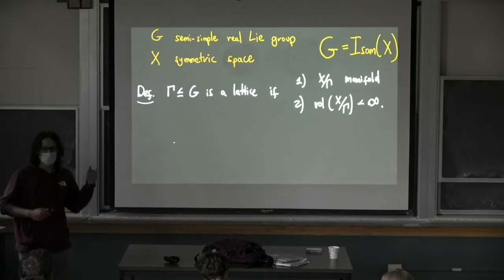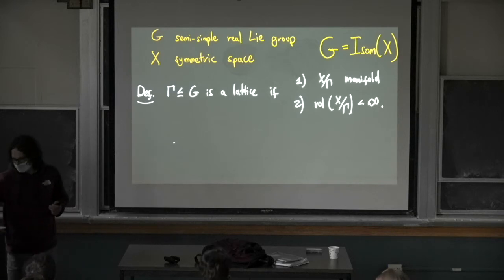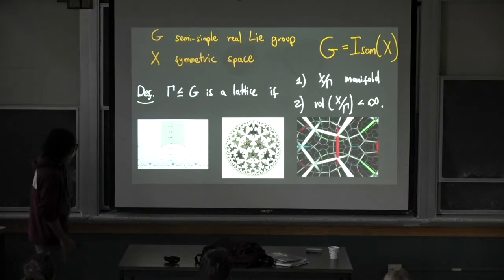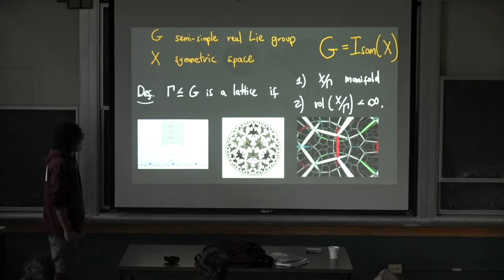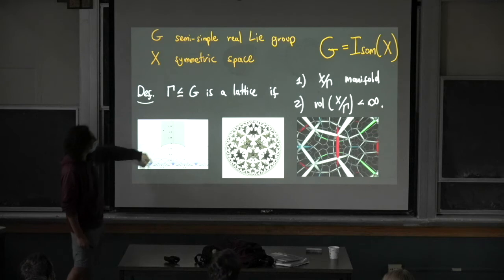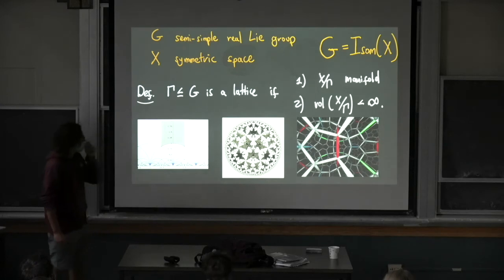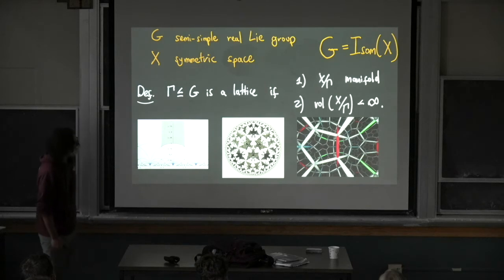Feel free to interrupt me if I say something wrong or that could clarify things. Okay, here are some pictures I found on the internet. This corresponds to PSL2Z, that is a lattice in PSL2R, and this is a fundamental domain, a subset that, when you translate it by this group, tiles the whole space X. The last one there is related to a hyperbolic 3-manifold.